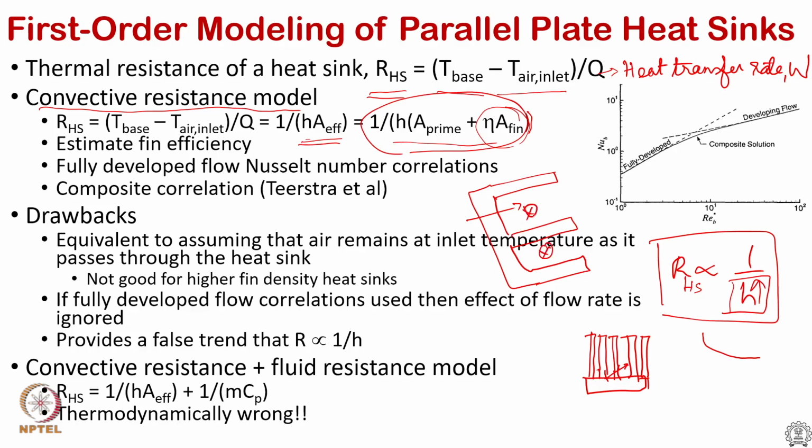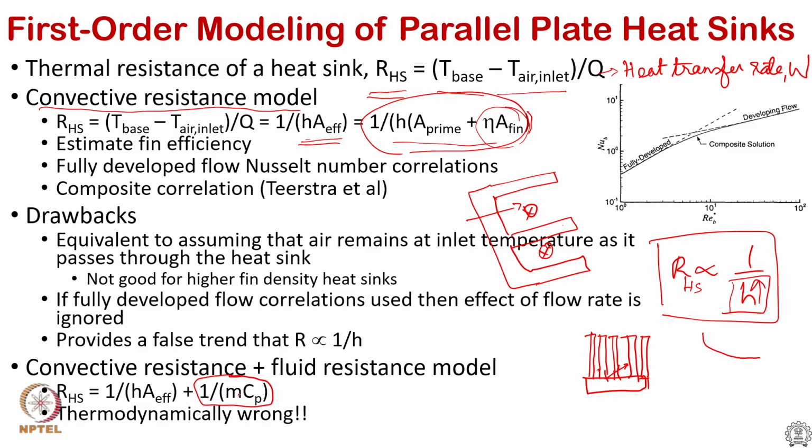However, the flow has a maximum temperature it can carry. The maximum temperature the flow can attain is the surface temperature of the heat sink itself. So, some people capture it by just adding one more term called 1 by m dot Cp.